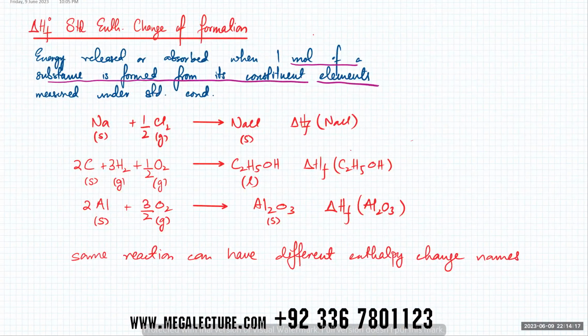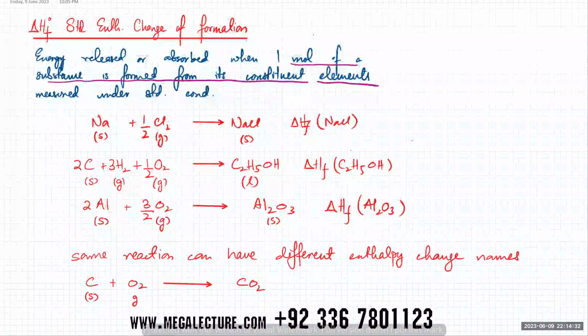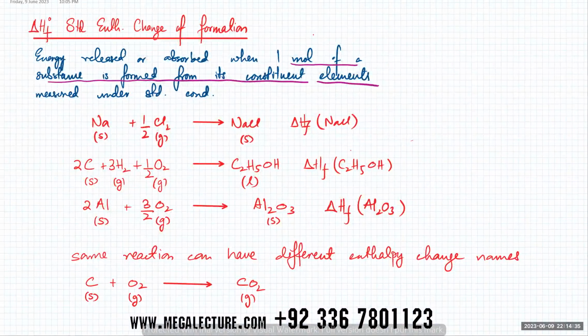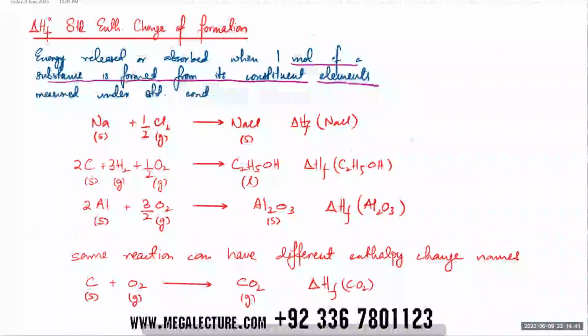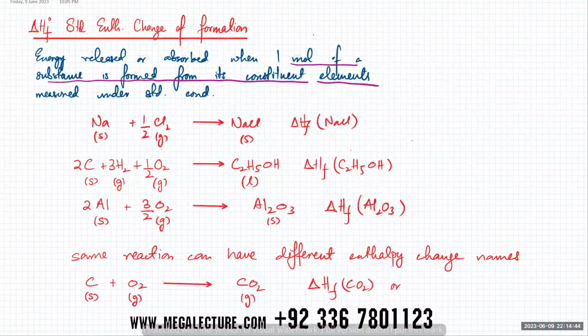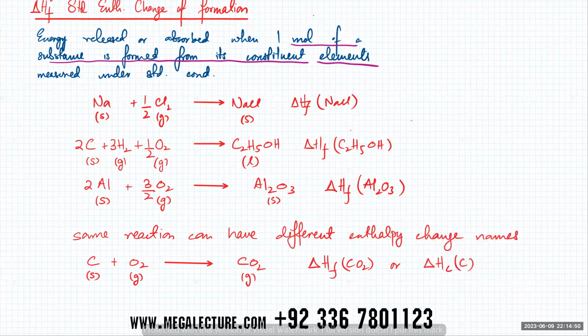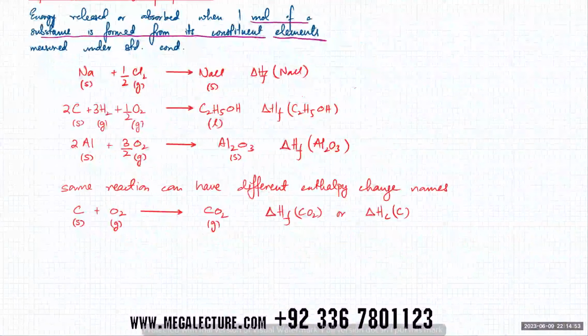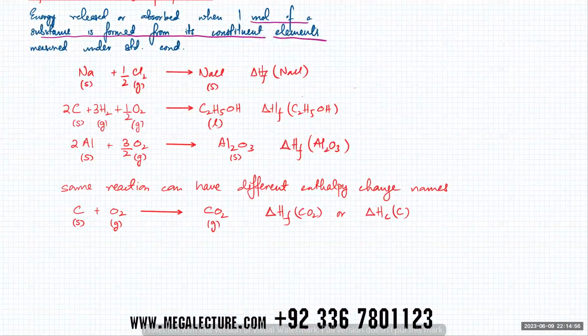So for example, if you have C plus O2 forming CO2, you can call it the enthalpy of formation of carbon dioxide, or you can also call it the enthalpy of combustion of carbon, right? So is this clear, that the enthalpy change of a reaction could be named differently? That's clear.